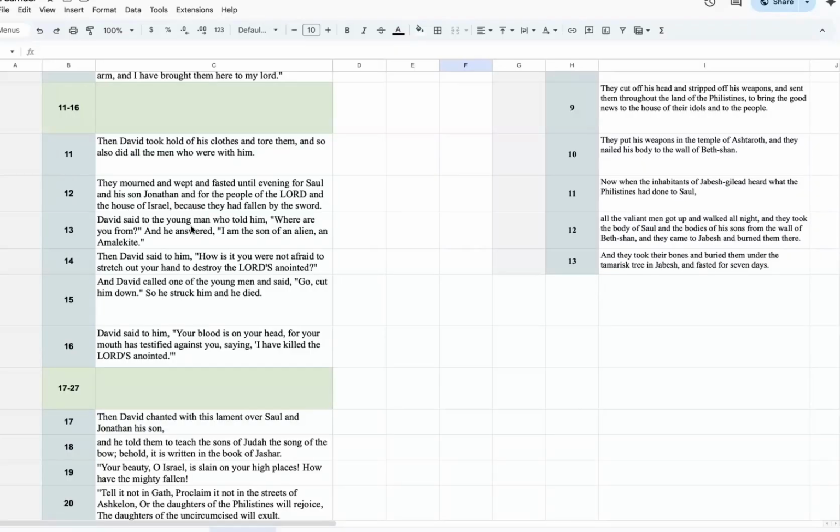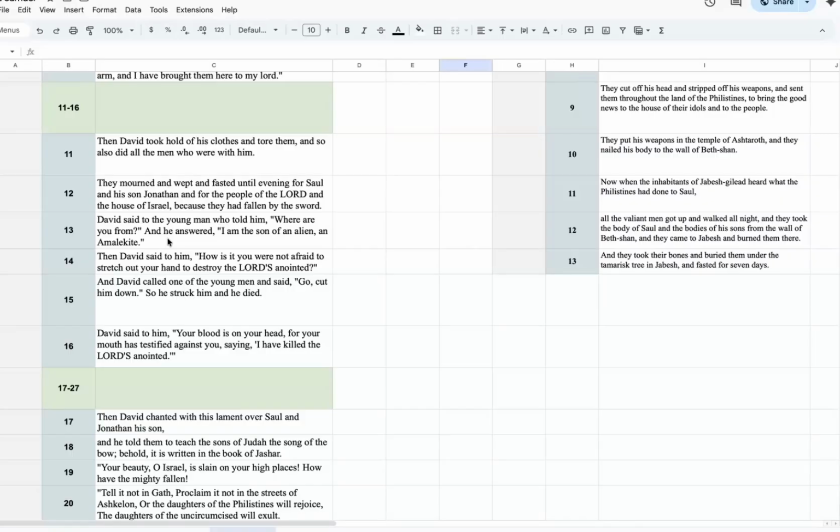David and the Amalekite. Who, what, when: David had the Amalekite killed for striking the Lord's anointed, after sunset, after they mourned. Why did he have him killed?